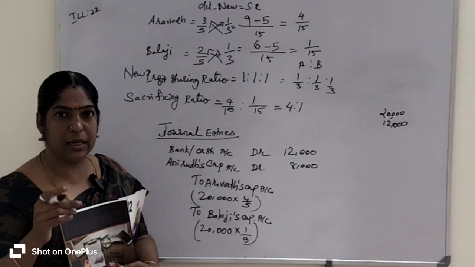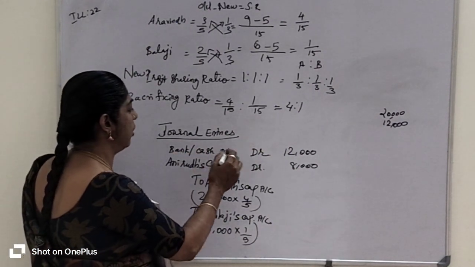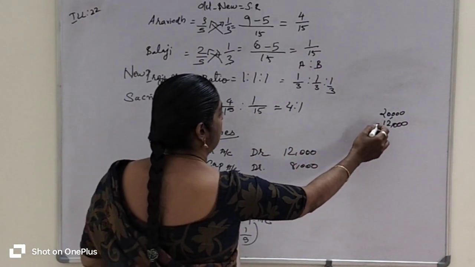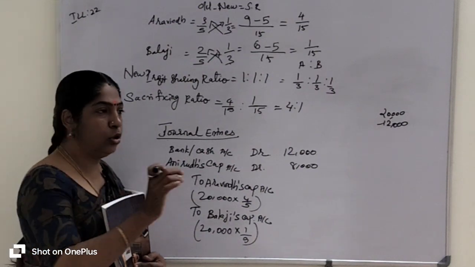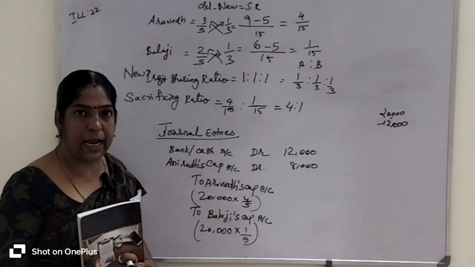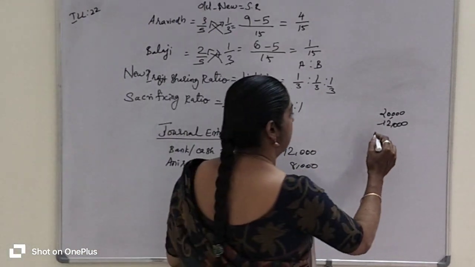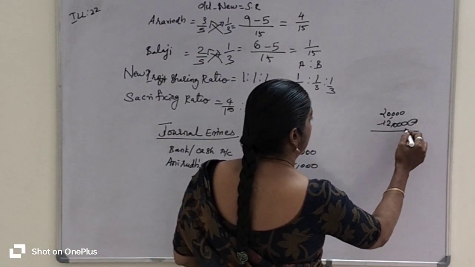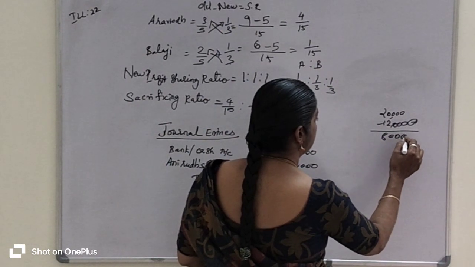Cash is the receiver. Debit the receiver. So cash account debit or bank account debit 12,000 rupees. Remaining: 20,000 rupees minus 12,000 rupees, you will get 8,000 rupees.